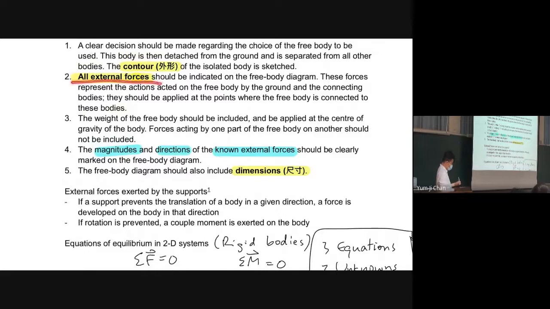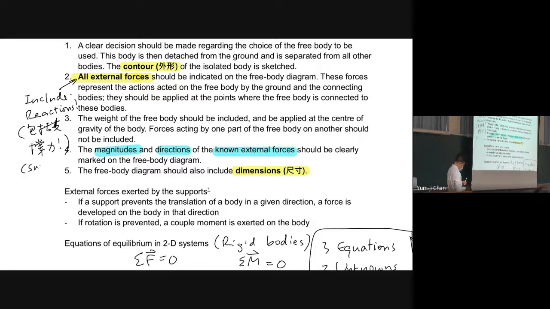Now, all external forces include reactions. Okay, it includes reactions, and all supports.